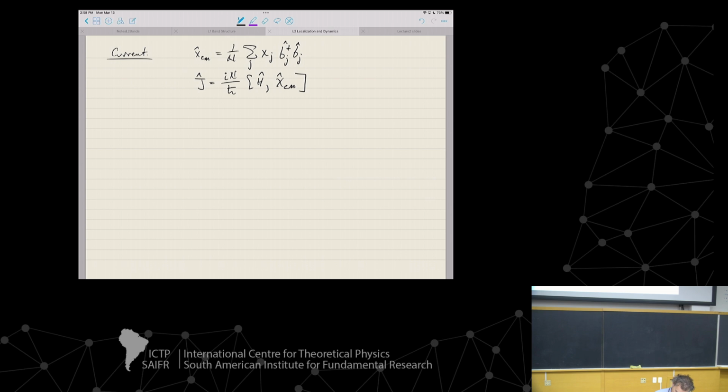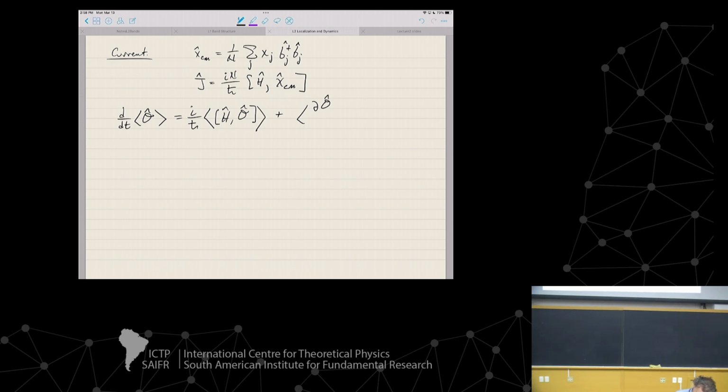So for instance, let's figure out why that might be. There's something called the Ehrenfest theorem, which says that the time dependence of the expectation value of an operator is i over h bar times the expectation value of the Hamiltonian commuted with that operator, plus any kind of explicit time dependence of the operator. So let's apply this now to the center of mass position.